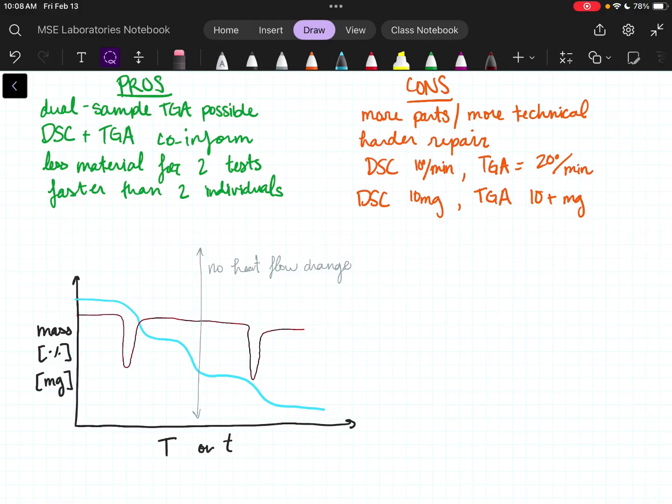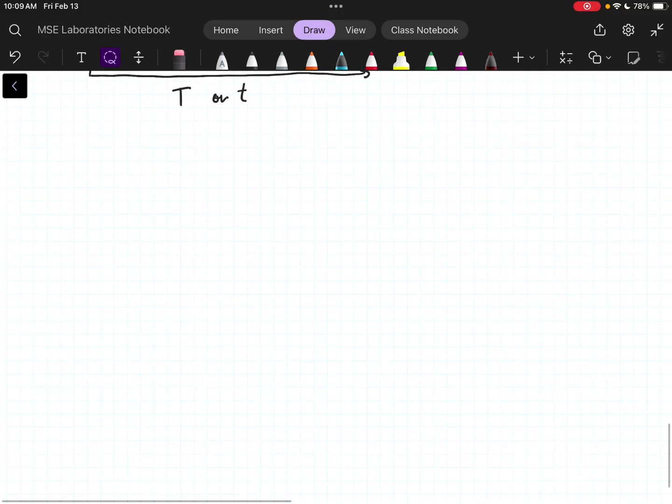If this is what I'm looking for in TGA, I would maybe say I need 100 milligrams of sample in my TGA in order to accurately measure to this level of precision. DSC, if I have too much material, it's like trying to melt an iceberg. It goes insanely slowly. So DSC needs about 10 milligrams of sample. TGA might need more than 10 milligrams.